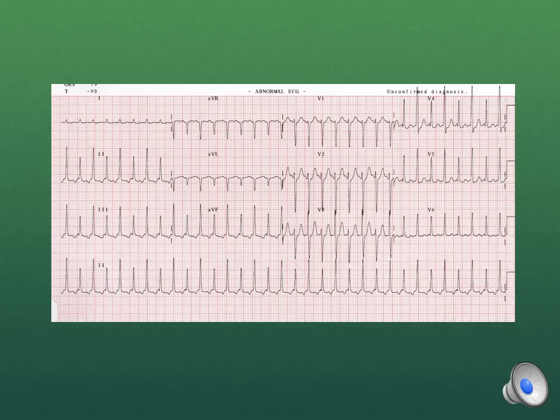So we're going to call this an SVT. Note the electrical alternans here, with every other QRS being taller than the last. And this is more than likely an AV node reentrant tachycardia.